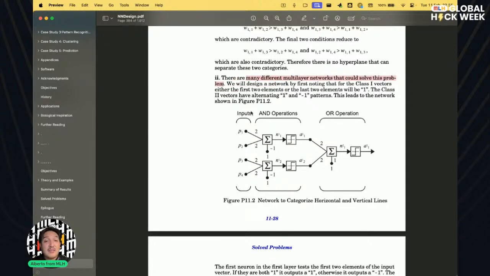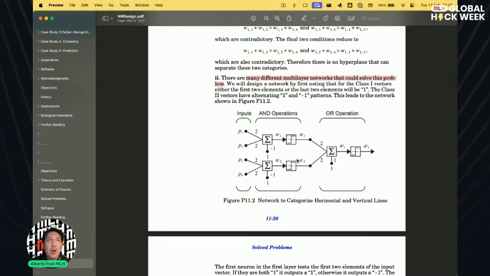We can pass, for example, all the inputs to all the neurons. That's a fully connected layer. Then we adjust the weights, and at some point, if we inspect what the network is doing, we can realize that the learning process taught the neuron that just comparing the first two and the last two will give you the result.